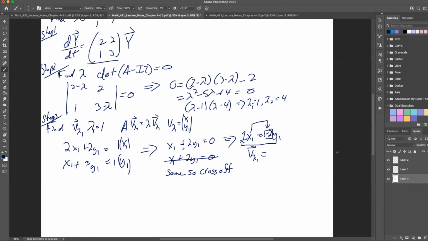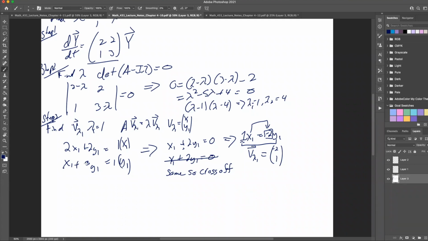The reason I do this is, A, I don't have to think about it, and B, it automatically solves it, right? Notice here, if I plug in -2, 1 into this equation, I solve it. This also satisfies the other equation.